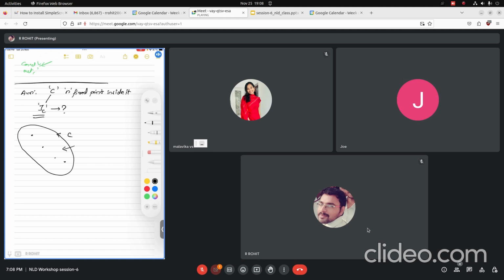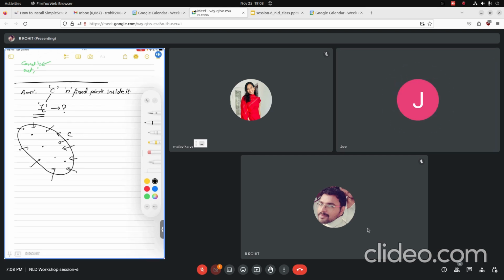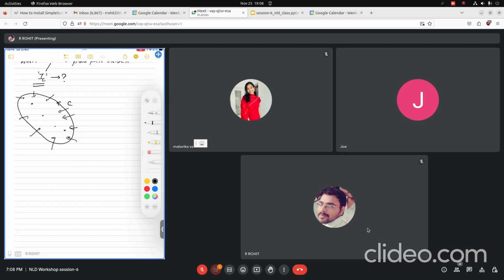So what we do is, we slowly shrink this curve, moving inside it slowly. It's like you have a lot of air inside a balloon and you are slowly sucking out the air. Now across these 4 points, the curve will look like this.